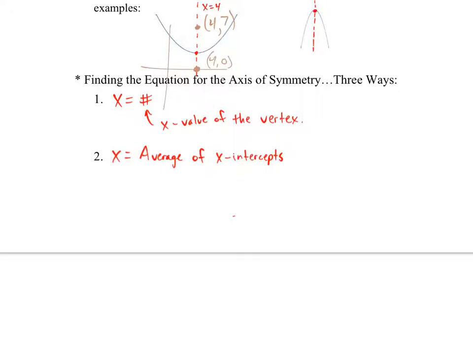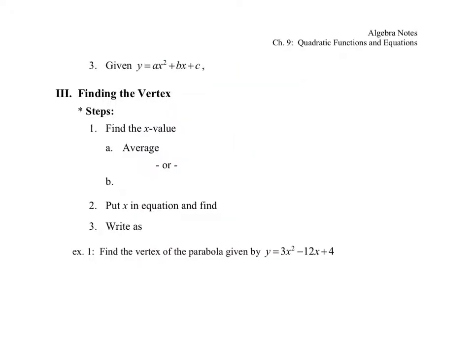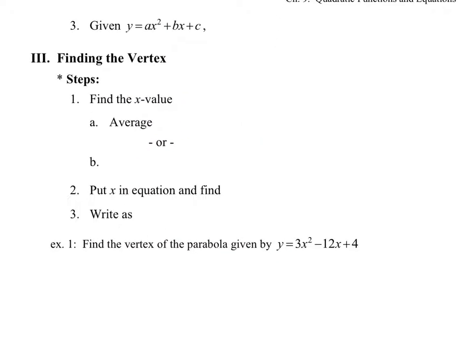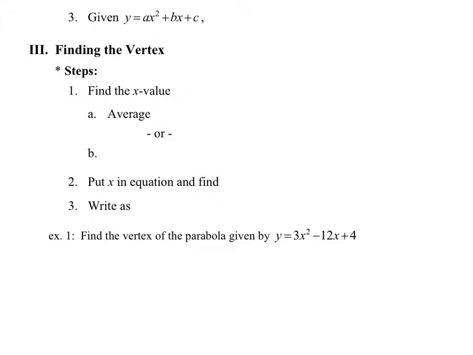Sometimes you have to go to this third way, if you're given this equation, which hopefully looks familiar. We did that yesterday and said any parabola could be written in this equation. Fair enough? And if we're looking for the vertex, that x value, x equals, we said we had to have which number?